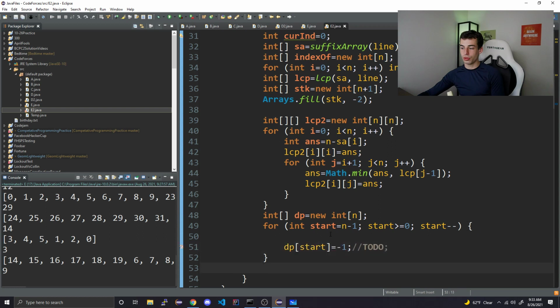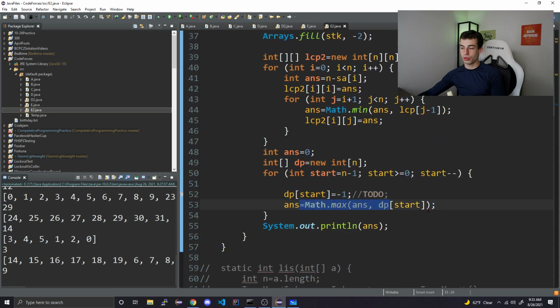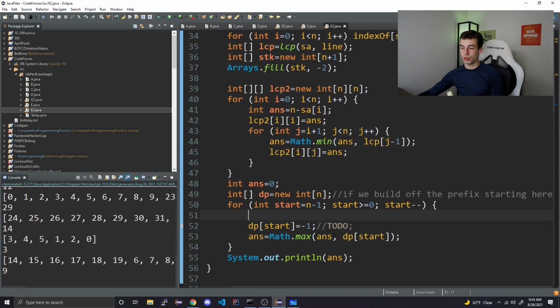The final thing will be... So this is if we build off of the prefix starting here. We want to build off any later prefix, but we can only do it if it's after us in the suffix array.